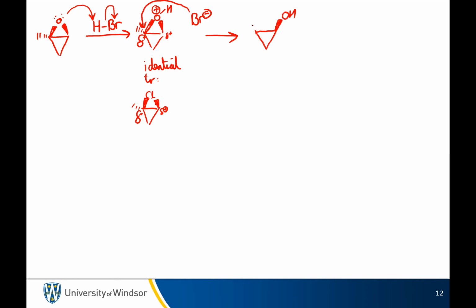And again, we're going to flip the methyl group up, so we're going to come in from the opposite side, and we get our product. Why is there a Cl? It's just identical. It reacts the same way as the chloronium. So if you're the epoxide, we've seen how these chloroniums react. It's still an epoxide. It's a protonated epoxide, though.